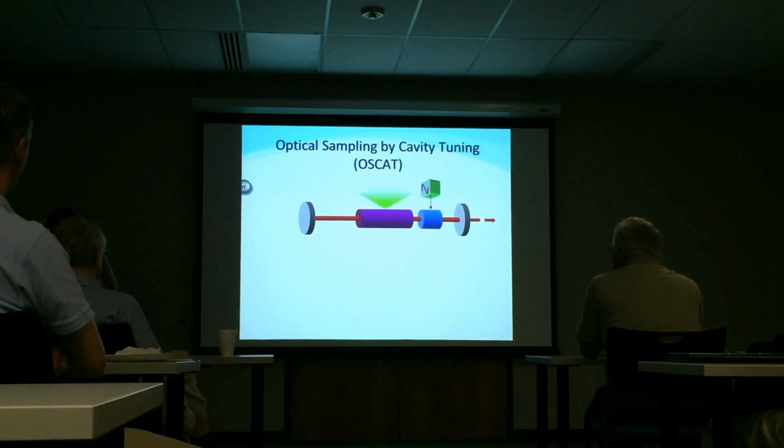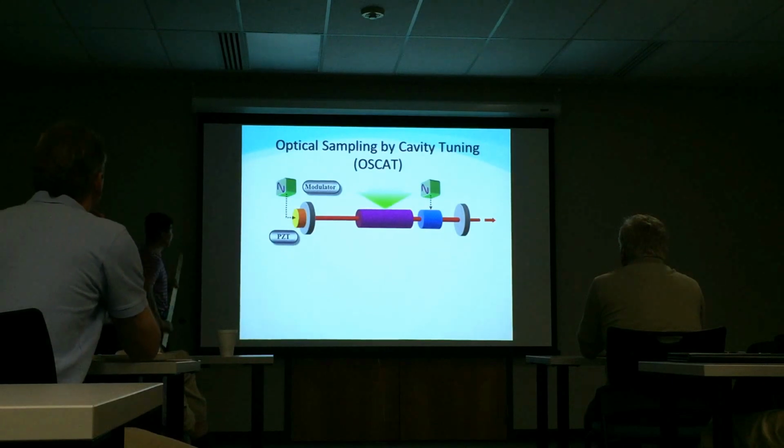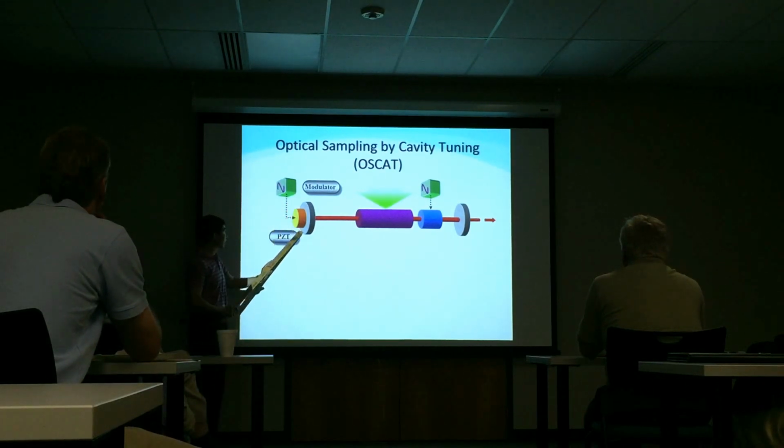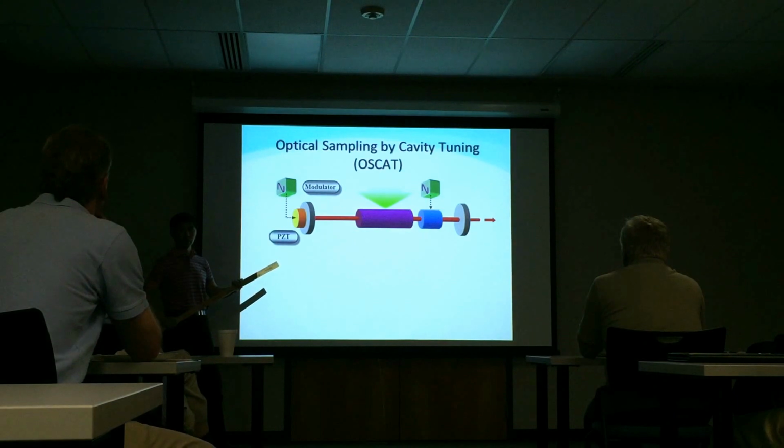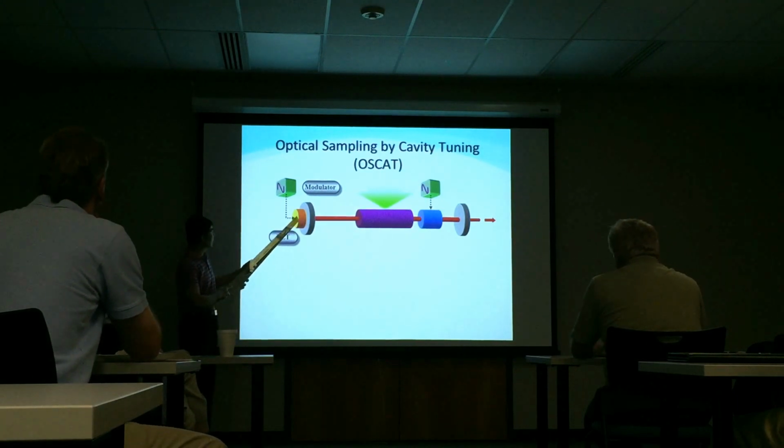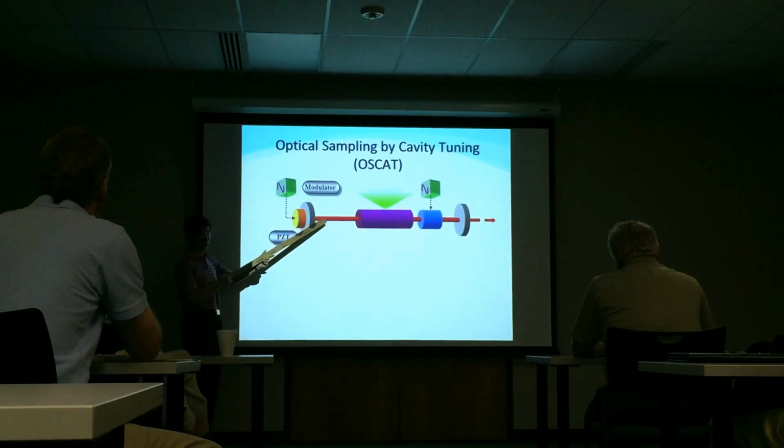So what we do is we add a modulator on one of the mirrors, and this typically is a piezoelectric modulator. We modulate this PZT, and that modulates the position of this mirror.